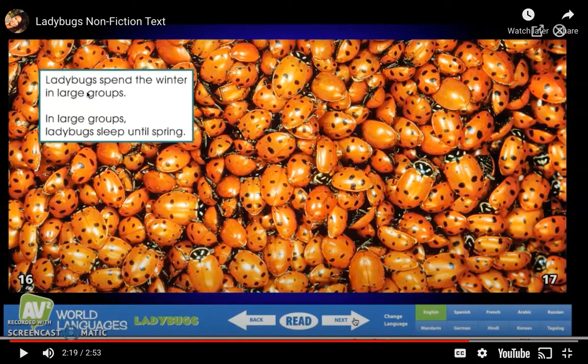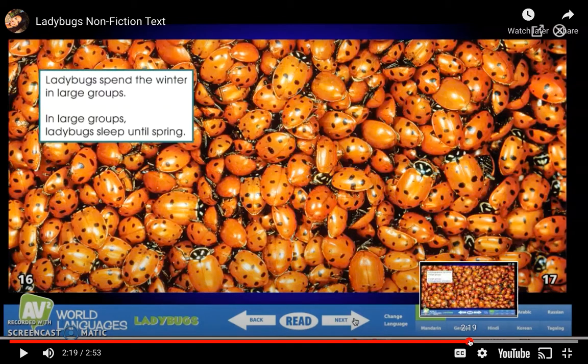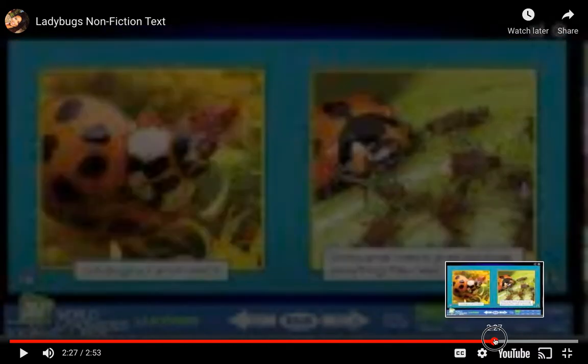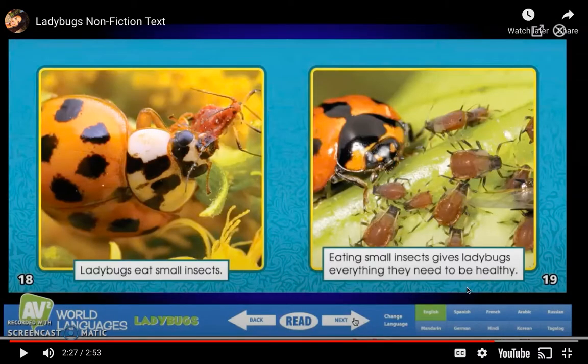Of course, here's ladybugs twice, and oh my goodness, lots of pictures of ladybugs on this one. It talks about how they spend the winter in large groups and they sleep until spring. Kind of like what bears do, right? Hibernate. Except I don't think you'll see a bunch of bears together like that, would you? And here you have ladybugs and more pictures of them.